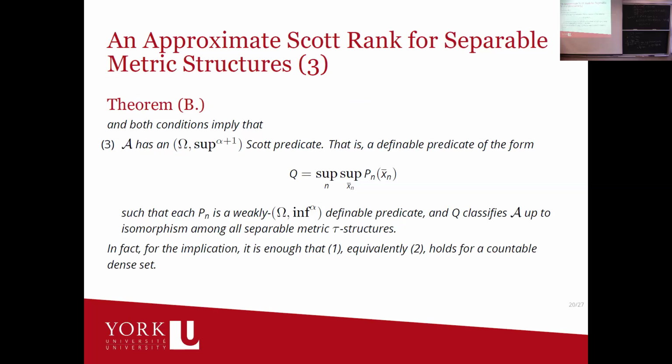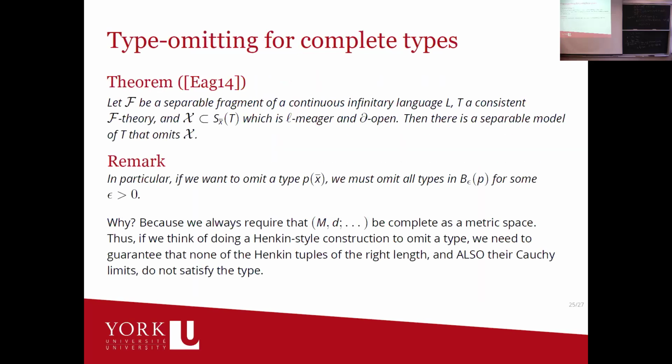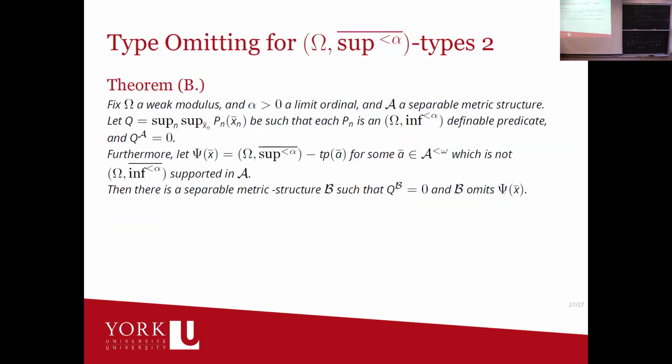I am very close to being done, or when I made these slides, I capped it off here. But let me quickly go to a place where that happens. I can get the type omitting theorem at limit ordinals.